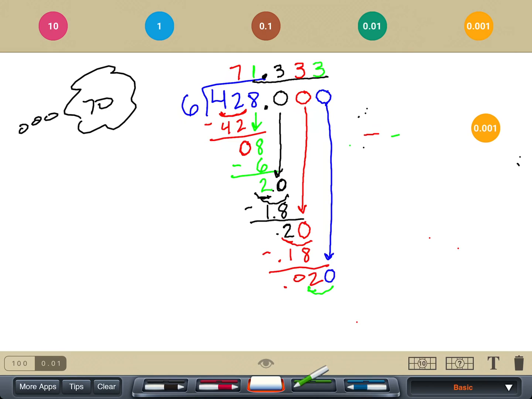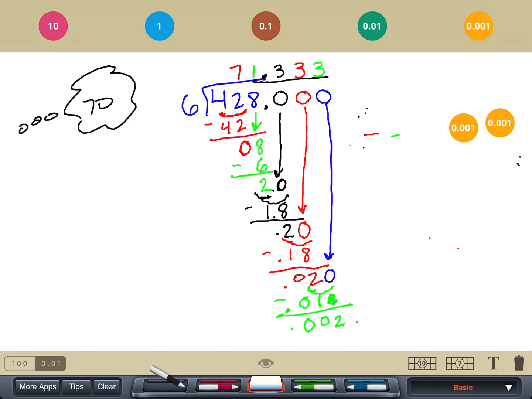And then I would have used 18 thousandths, and I would have 2 thousandths, 2 of these left. Do you all see the problem here?